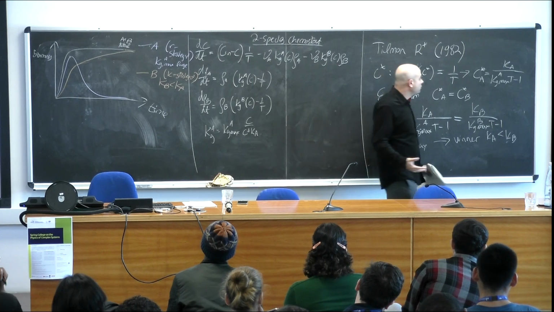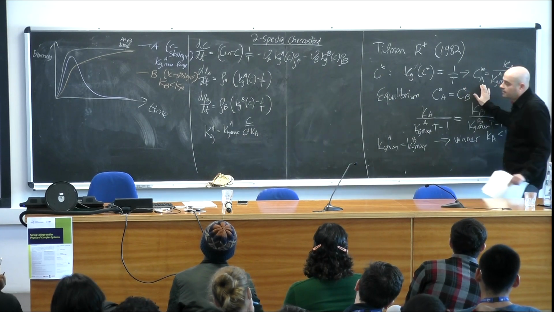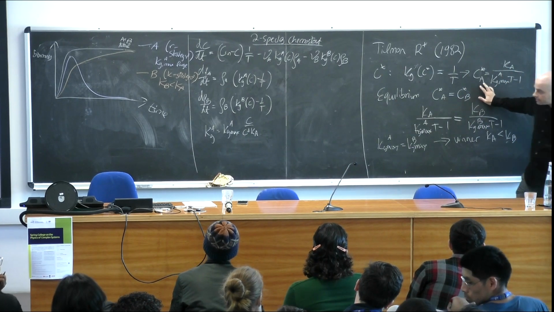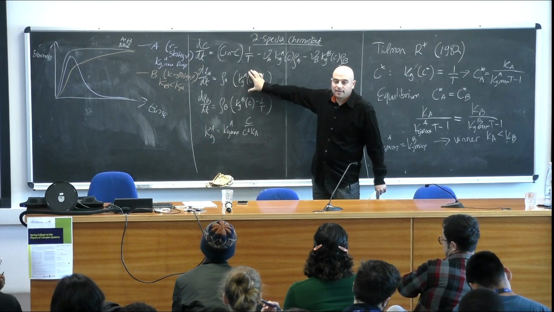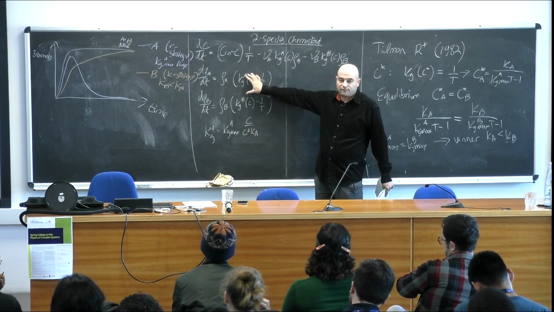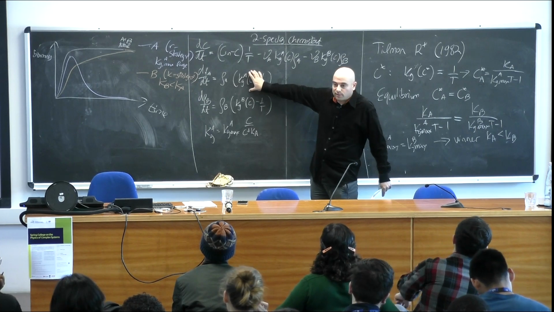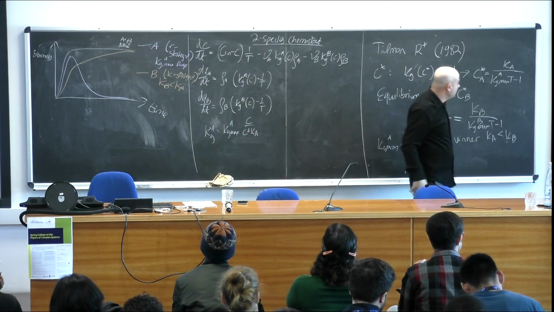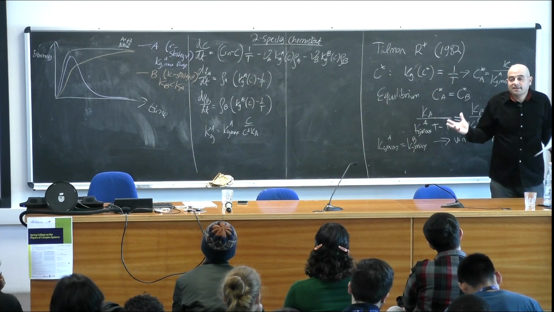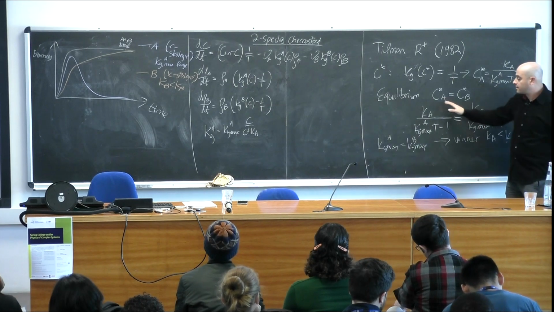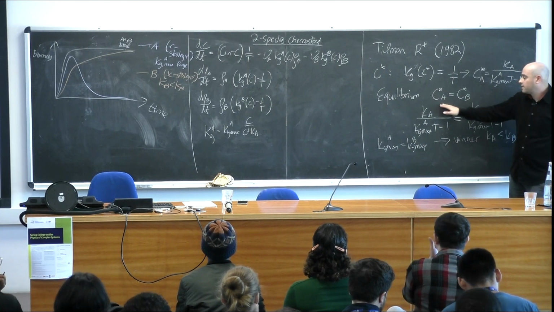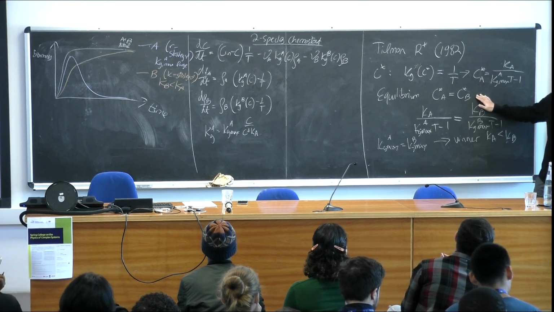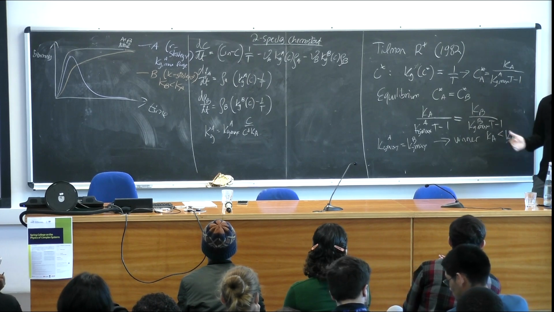So we can define a C star, which is the point where this goes negative. Well, actually, when this is exactly 0. So if C falls below that, then it goes negative. And now we have two species, each with its own C star A and C star B. So they will coexist if C star A exactly equals C star B. But this is extremely unlikely.